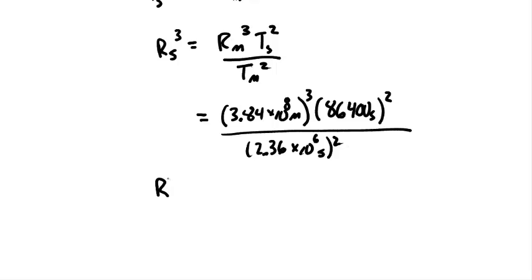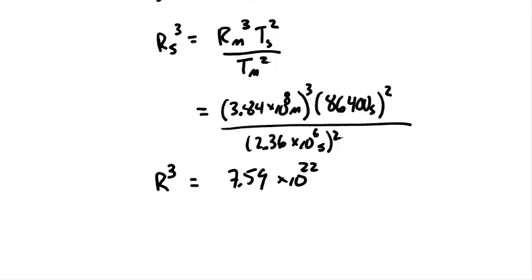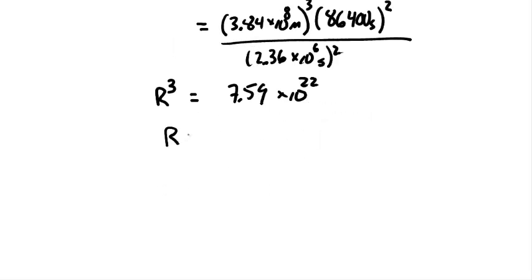So if I work this out, radius cubed is equal to 7.59 times 10 to the 22, and then if I take the cube root of that to both sides, I get 4.23 times 10 to the 7 meters.